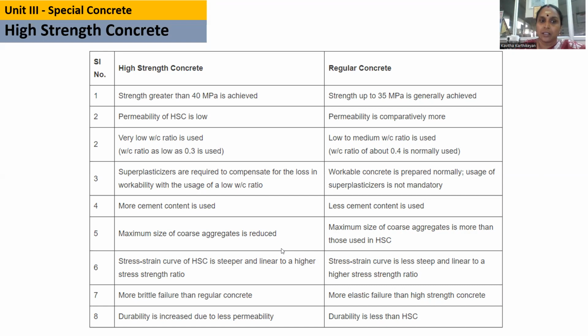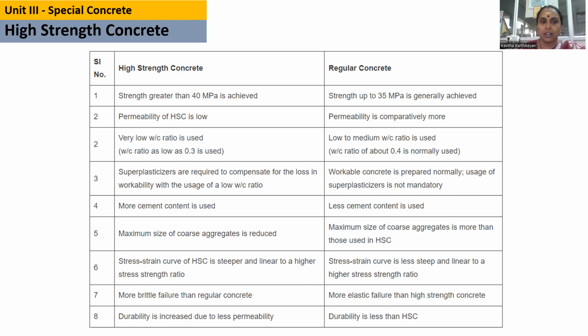More cement content is used in high strength concrete, whereas in regular concrete we use less cement content. The maximum size of the coarse aggregate is reduced in HSC, and for regular concrete the maximum size of coarse aggregate is larger. When we plot the stress strain curve of high strength concrete, we see a steeper curve, linear up to a higher stress, because high strength concrete gains lots of strength in the initial days itself.